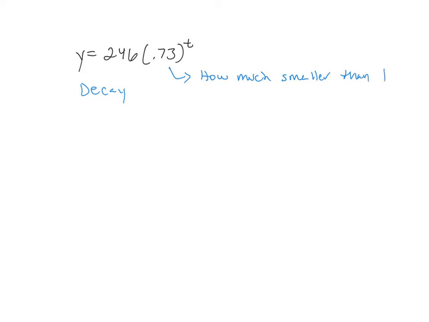So really, I think the easiest way to do it would be just to do 1 minus 0.73, and you get 0.27, which is 27%. So you would have decay of 27%.